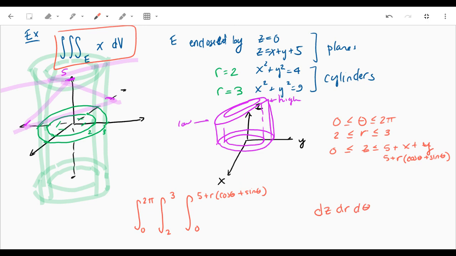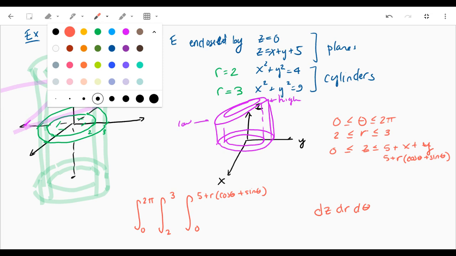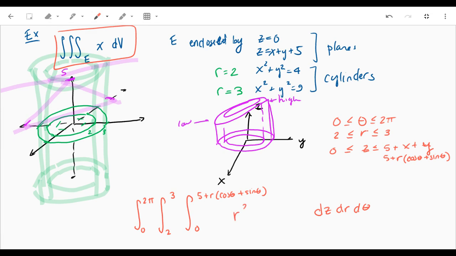Don't forget your extra r. And then our function was x, so now it's got to be r cosine theta. So we're going to switch that x to be r cosine theta, and we already have this r here. So we're just going to write r squared cosine theta. And there we go. That is your integral.